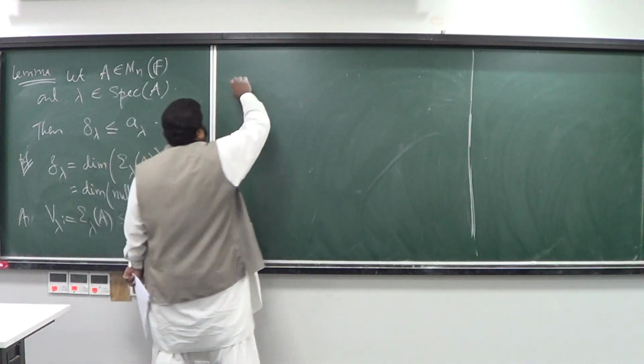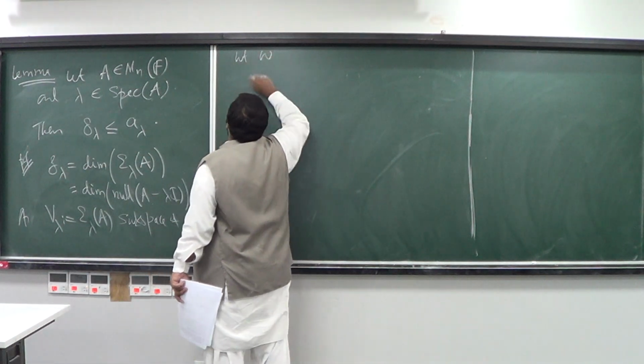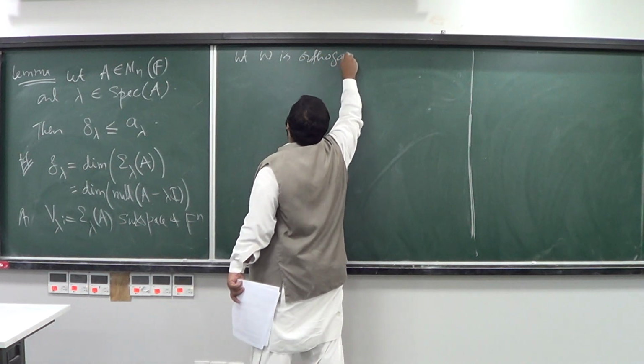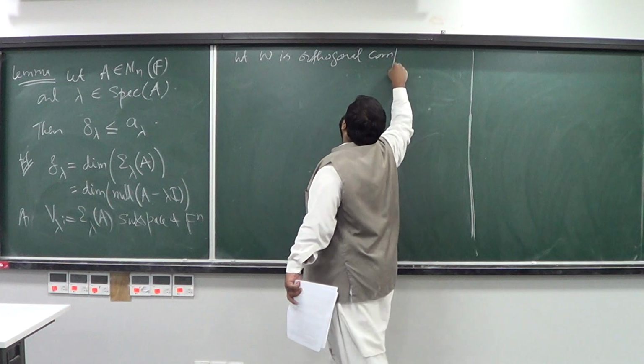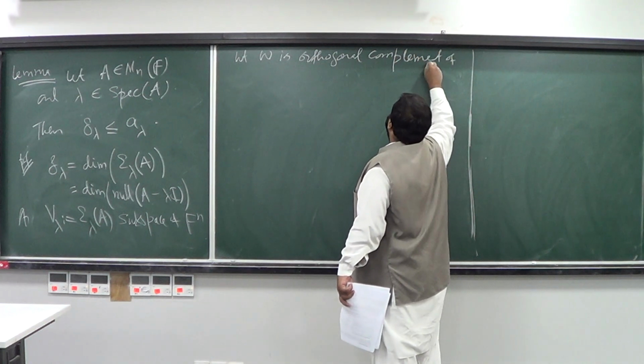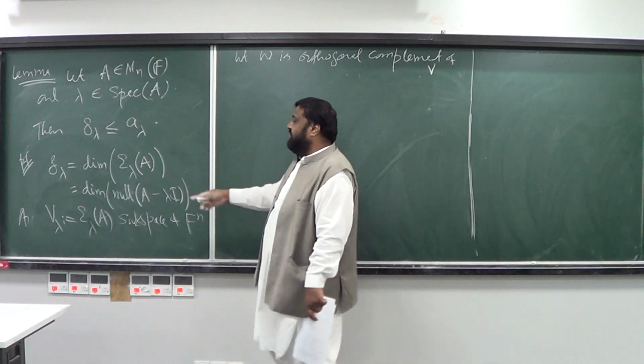Let W be the orthogonal complement of V lambda, that is, W is V lambda perp.